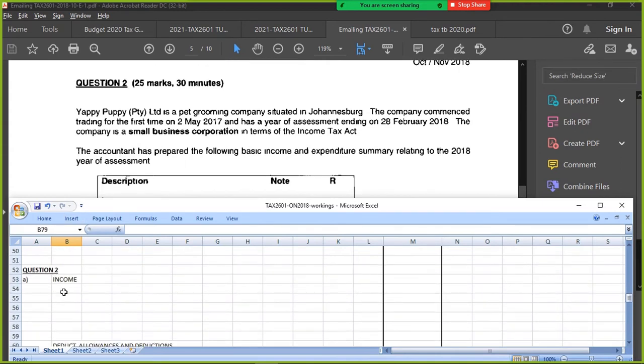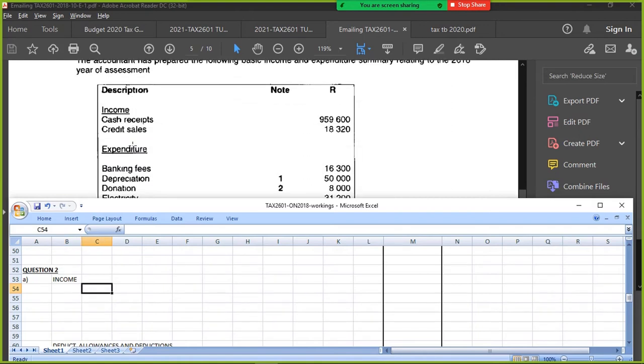All right, so we need to put things in. Income. Cash receipts. Credit sales. Okay, this would be your normal inclusion, your gross income definition.